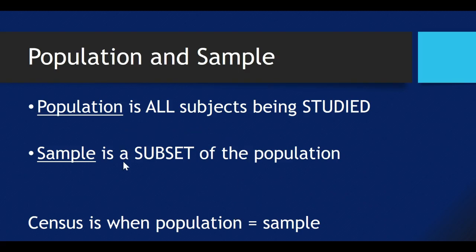So sample, this is where a lot of times the experiment happens, but the population is who we're studying. For instance, if I have a cancer drug that I'm testing, let's say it's for thyroid cancer, and I test this drug on 50 people, those 50 people would be my sample, but I'm using it to study everybody who has thyroid cancer. All right. So that's the distinction there.